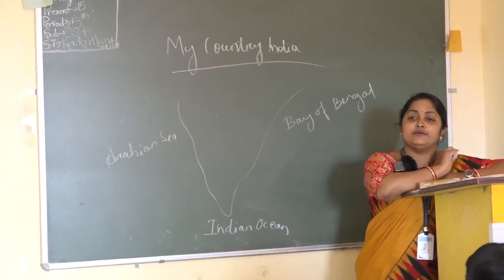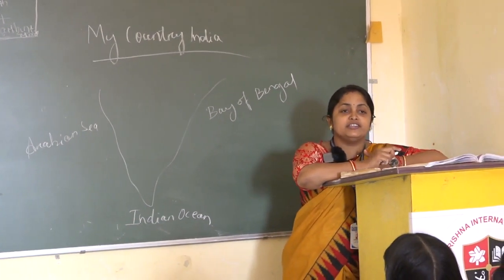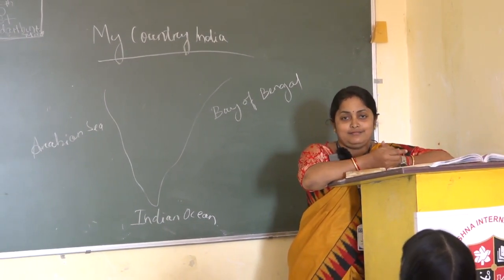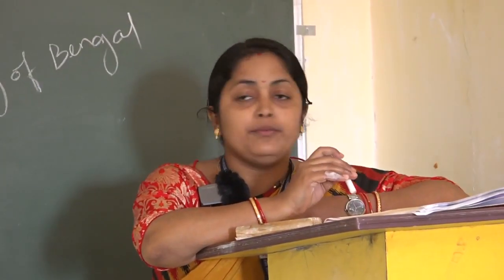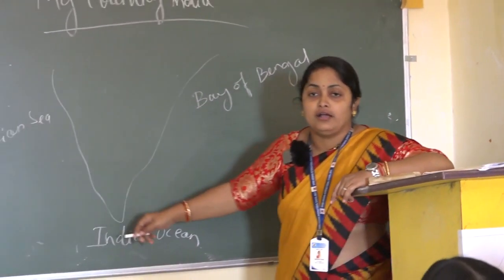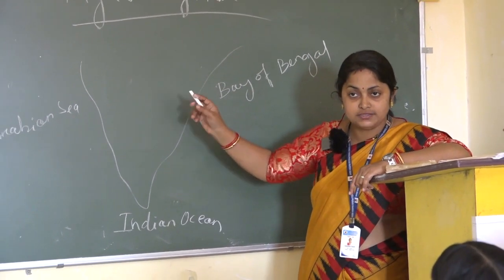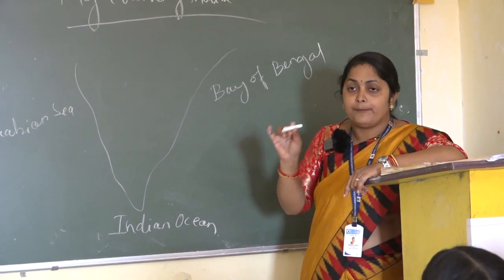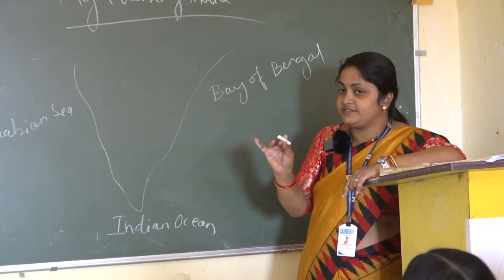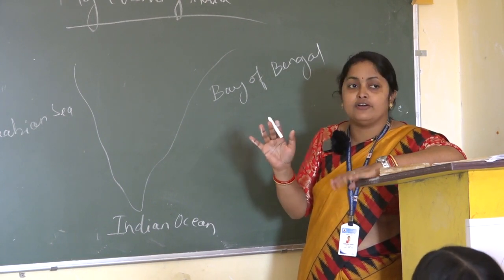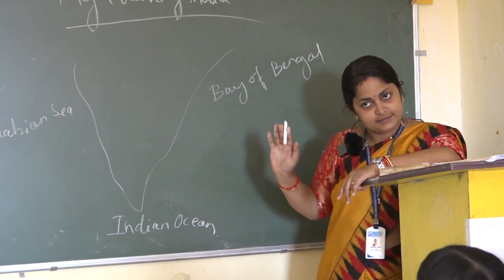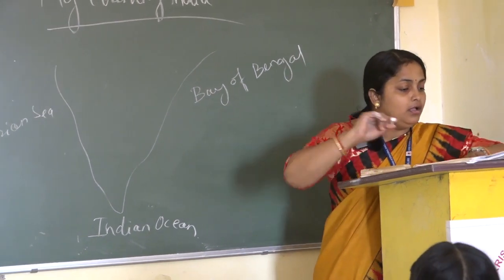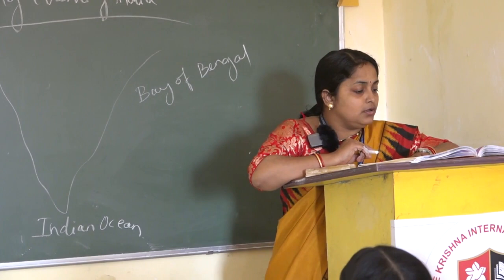Name the only ocean which is named after a country. Indian Ocean. So it is known as a peninsula. What is a peninsula? A peninsula is a piece of land which is covered with water on three sides.